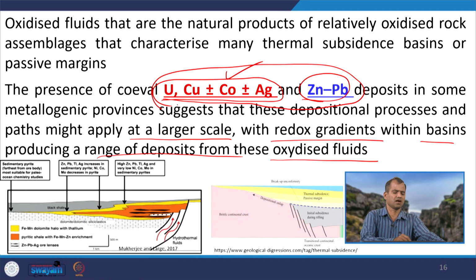So, we have an oxidized fluid, but gradually we are reducing it, along the reducing path through which this fluid is passing. If this reduction gradient is there, we are getting a range of minerals, and that range of minerals is creating a zonation of mineralization.